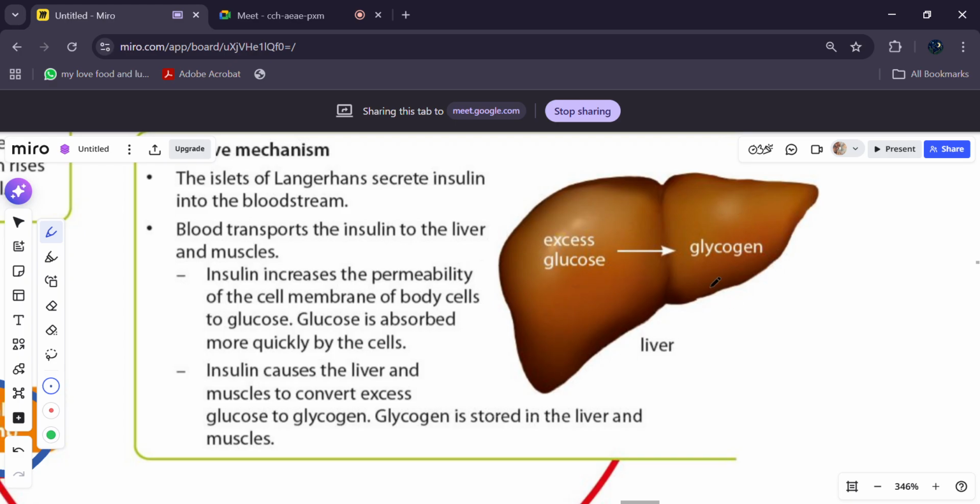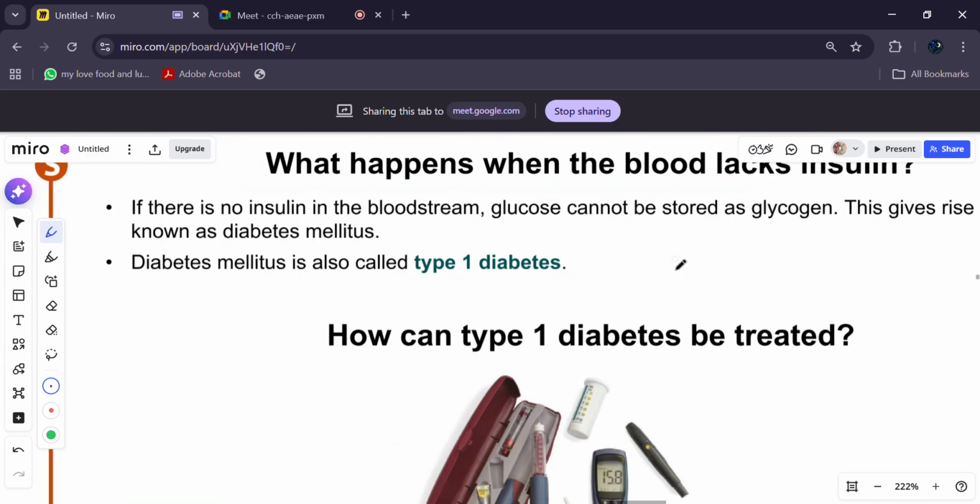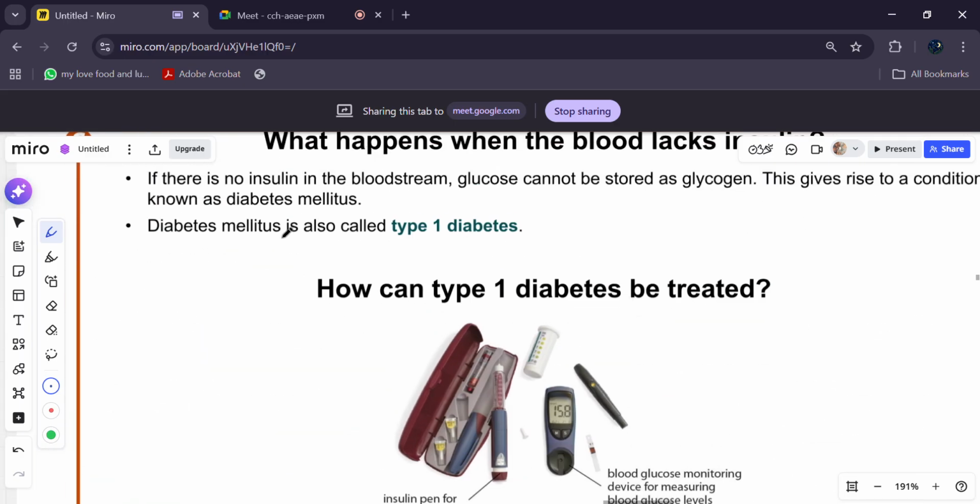People with type 1 diabetes cannot do this. That means the glucose cannot be converted into glycogen. When this happens, this is considered diabetes mellitus or type 1 diabetes.